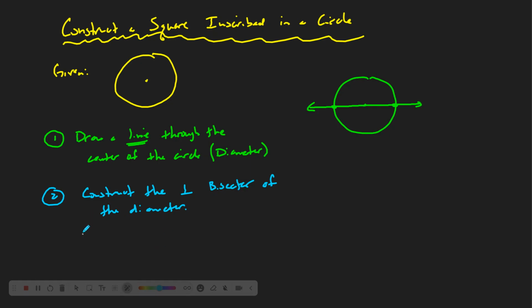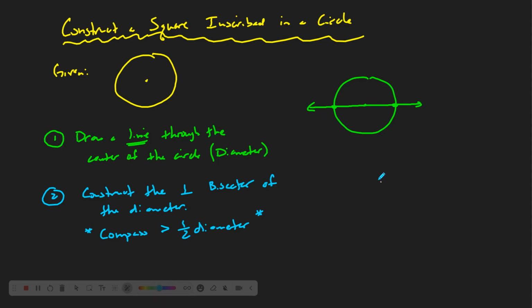Now, I just want to talk about the one important part of this, is that you must open your compass greater than half of the diameter. You probably don't remember how to construct a perpendicular bisector, but again, one of the main parts is to make it go greater than halfway across.